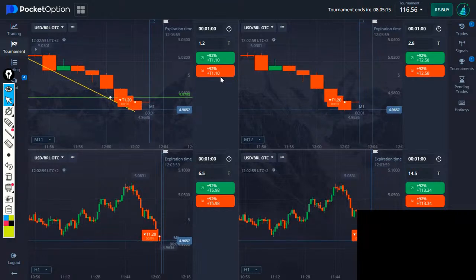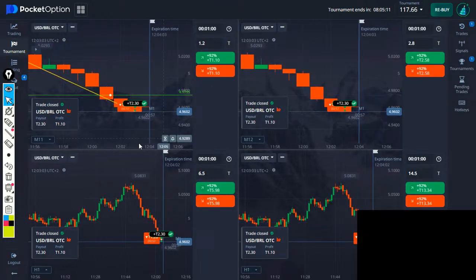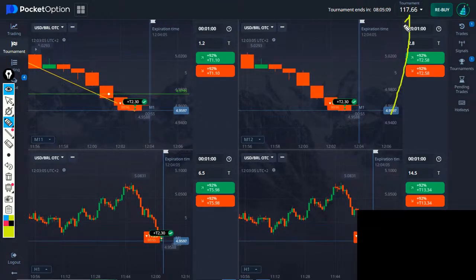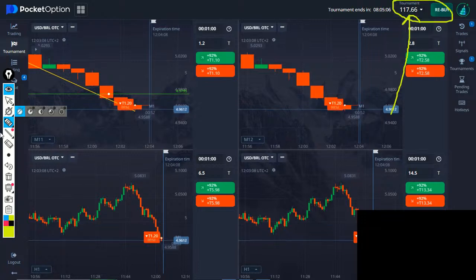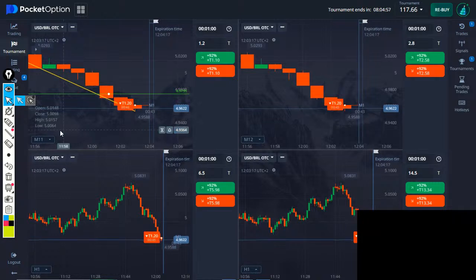I'll take a trade. 17.6%. The thing I like about this exact strategy is it's stress free, you don't feel any stress, it's mechanical. You do 1, 2, 3, 4, 5, and that's it.